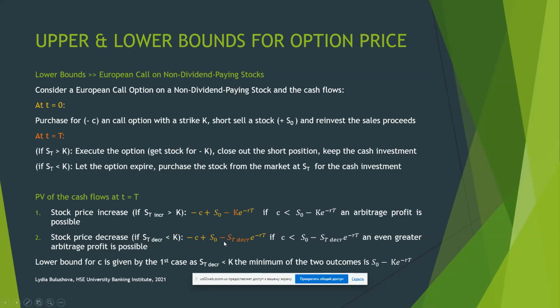At expiration, we will receive this amount of money, S sub capital T, and we multiply this amount of money in the future by the discount factor to bring this future value to present.